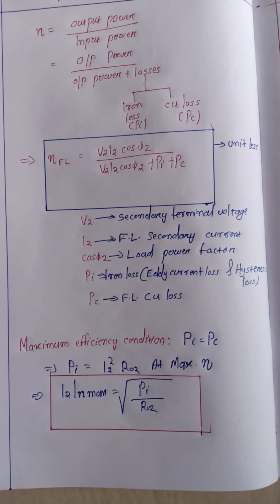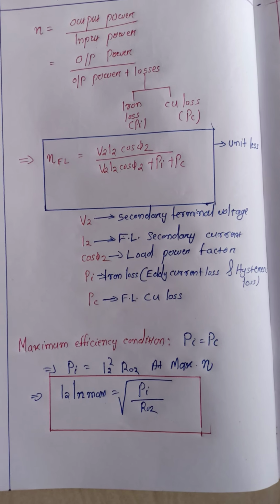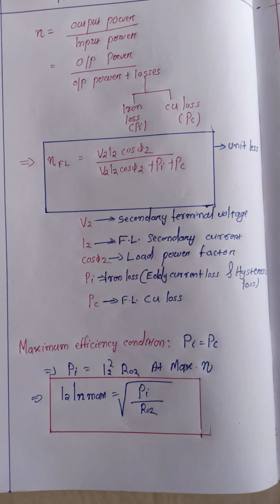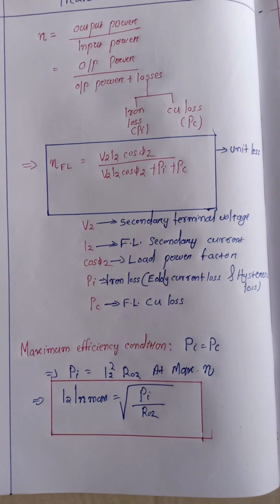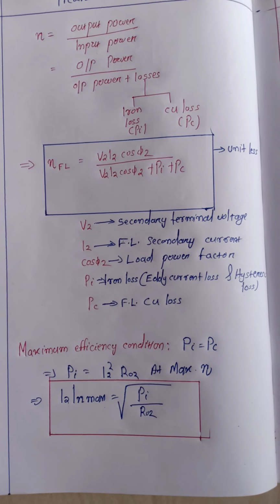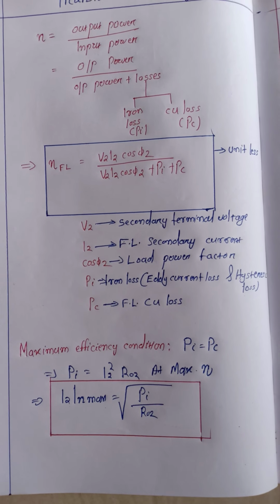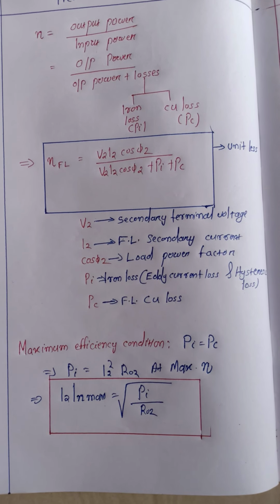So these loads will vary throughout the day. At some times we will have a maximum load, and at some times we will have minimum load and other values of load throughout the day at the output of a transformer.